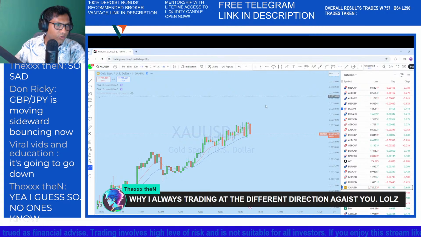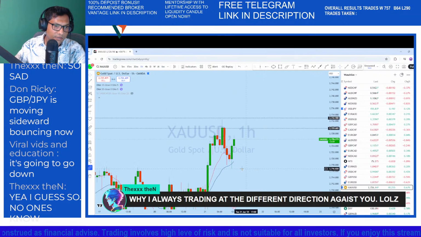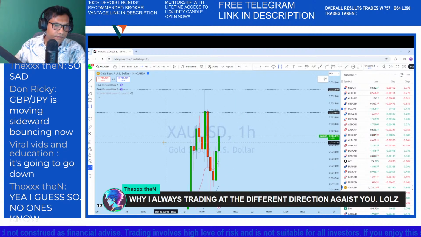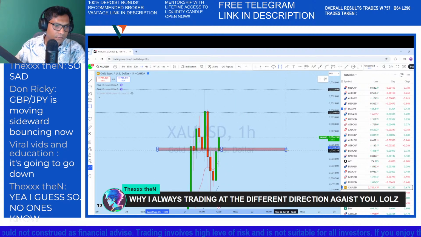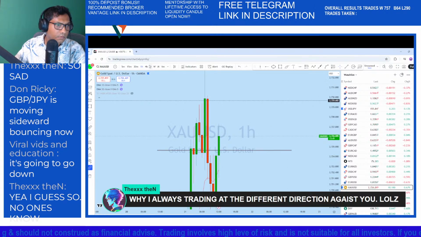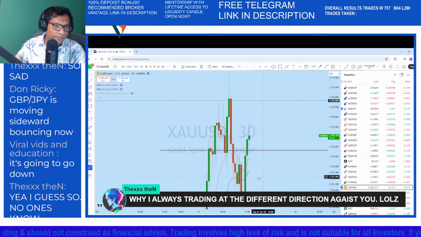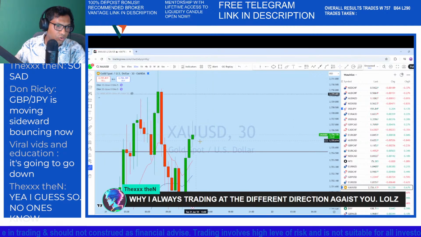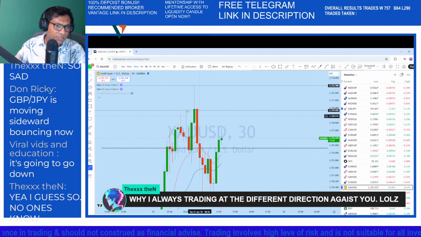So locally, if we look at the 1 hour chart, we can see the market from here. There is a bounce, and on the 30 minute a strong bounce, expecting it to revert back to the upside to create a new higher high.